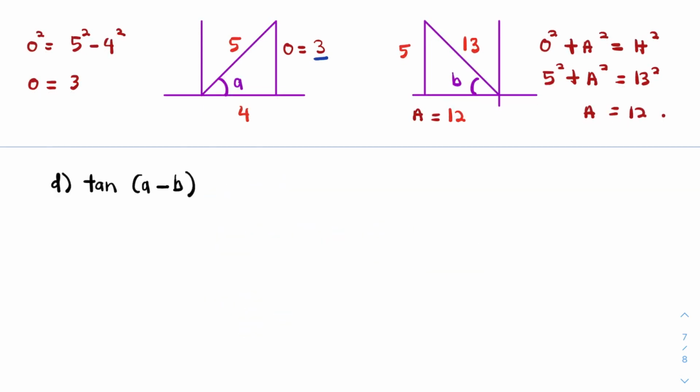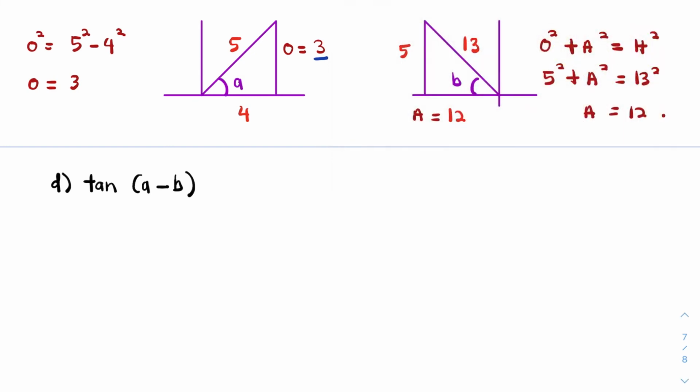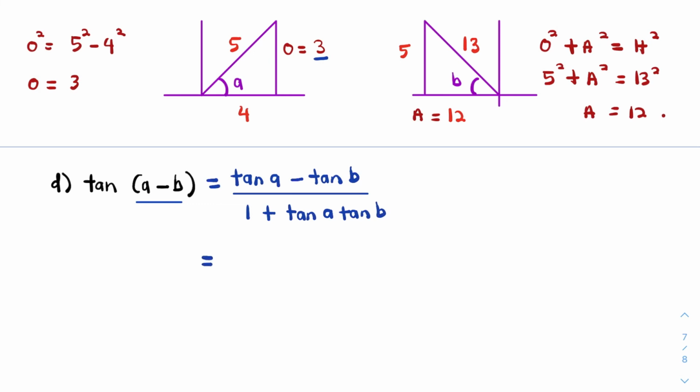Alright. Now let's look at the last one, part D, where you have tangent of A minus B. Again, do not memorize the formula, just write it from your formula list. You're going to have tangent A minus tangent B over 1 plus tangent A multiplied by tangent B. Now substitute your exact values.